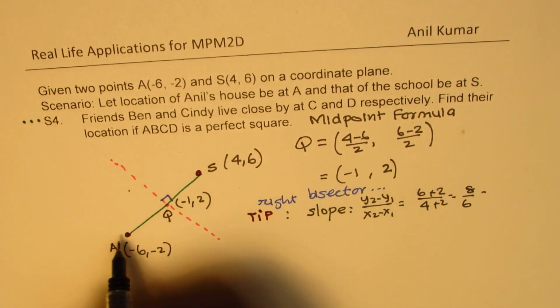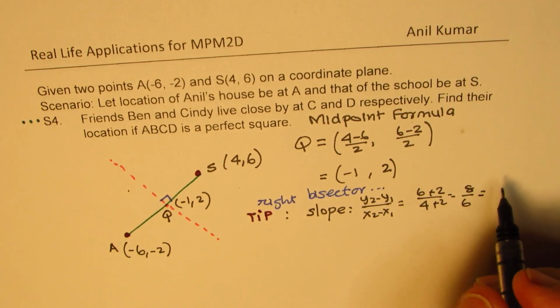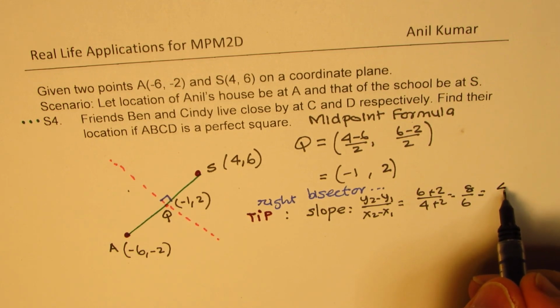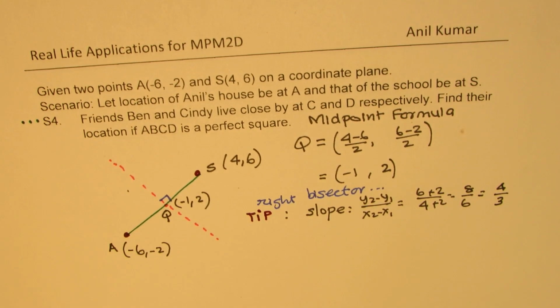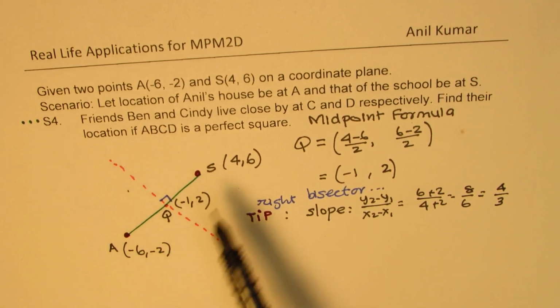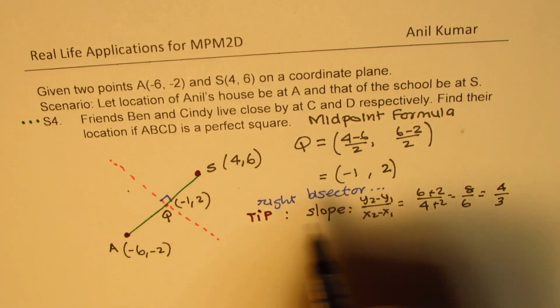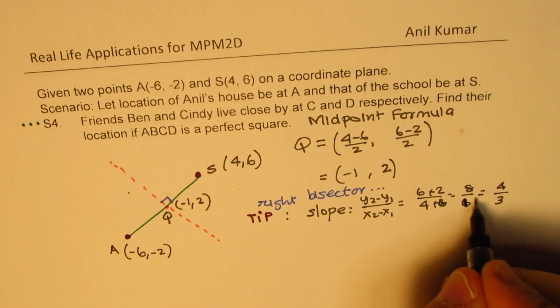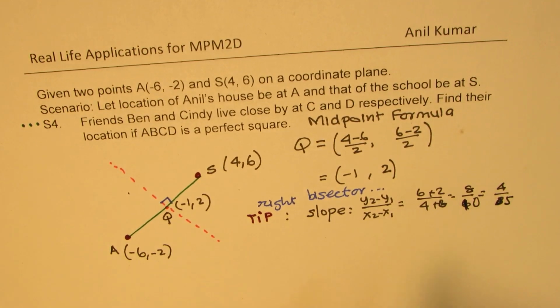So if you want to go from A to S, it is 8 over 6. These numbers are pretty good actually. So when you divide it by 2, you get 4 over 3. Right, so we did 6 minus 2 as the numerator, 8, and 4 minus 6, this should have been 4 plus 6, so this is 10.